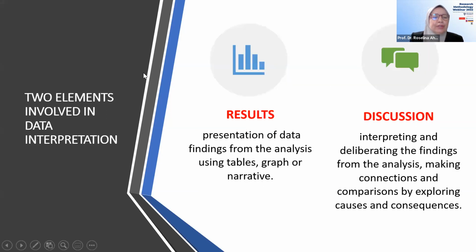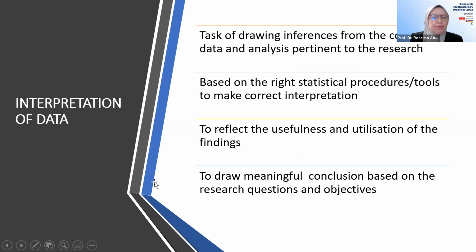So the interpretation of data involves the task of drawing inferences from collected data and analysis pertinent to the research. So go back to your research hypothesis or research objective. Basically in chapter 4, we go back to our hypothesis, and then, based on the right statistical procedure and tools, make the correct interpretation.